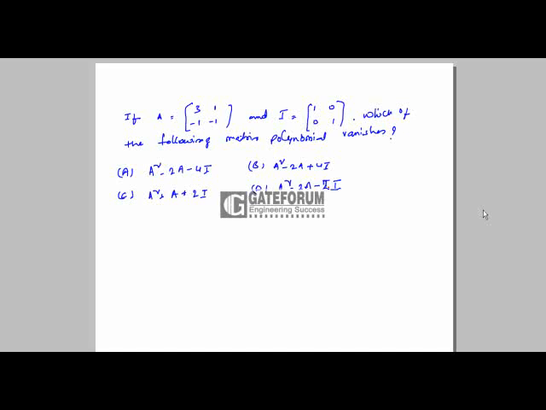A is equal to the matrix 3, 1, minus 1, minus 1, and I is equal to the 2 by 2 identity matrix 1 0 0 1. Which of the following matrix polynomial vanishes?